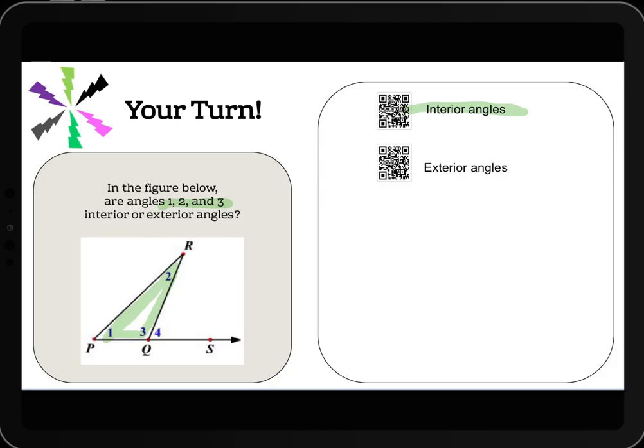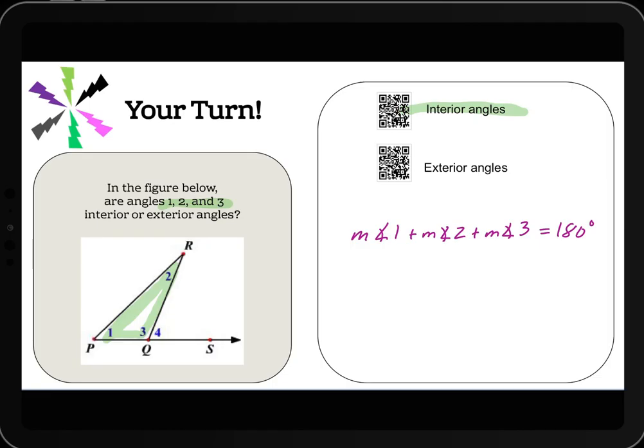Now, I'm going to remind you of an important little rule here. The sum of all the angles inside of a triangle is technically 180 degrees. Normally, we would write it as measure of angle 1 plus measure of angle 2 plus the measure of angle 3 is going to equal 180 degrees.